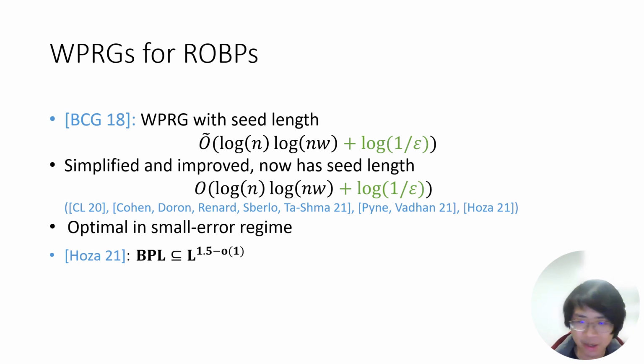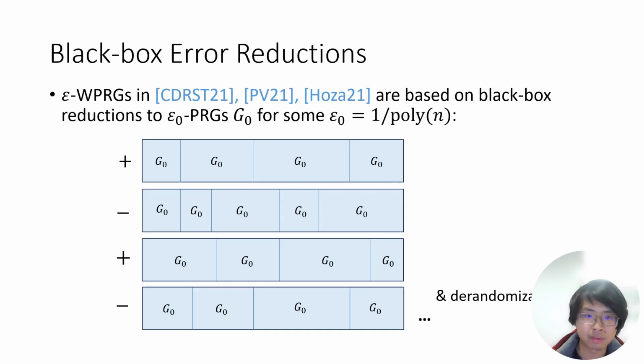It's basically done by plugging a proper weighted PRG into the Saks-Zhou argument. We have seen that the Saks-Zhou argument can also be applied to weighted PRGs, so this justifies that weighted PRG for read-once branching programs is also an important object to study.